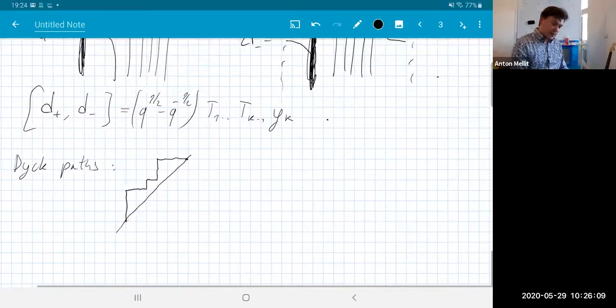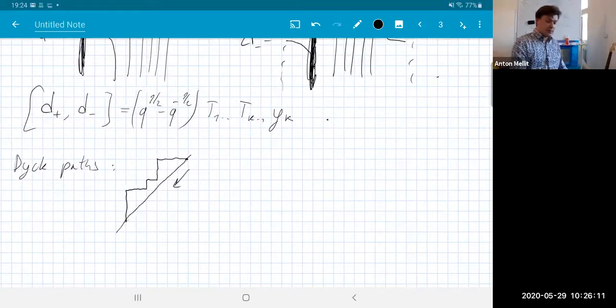We start from the topmost point and go downwards, and we replace every this step by d plus, and this one by d minus.